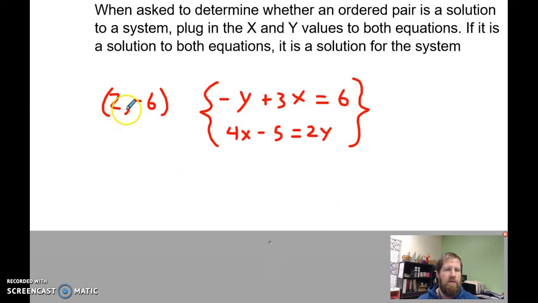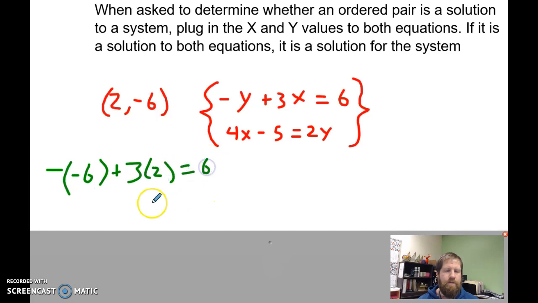Okay. So if I'm looking at this one, (2, -6), I'll plug it in. I have -6 plus 3 times 2 is equal to 6.